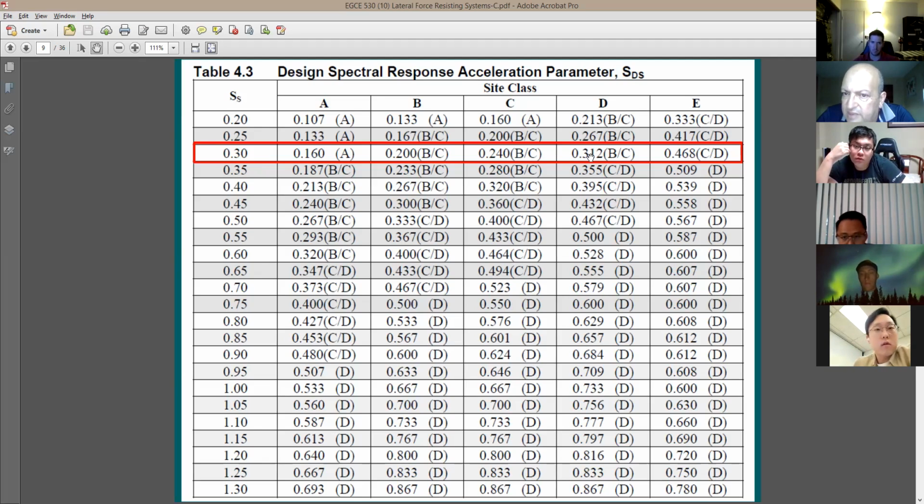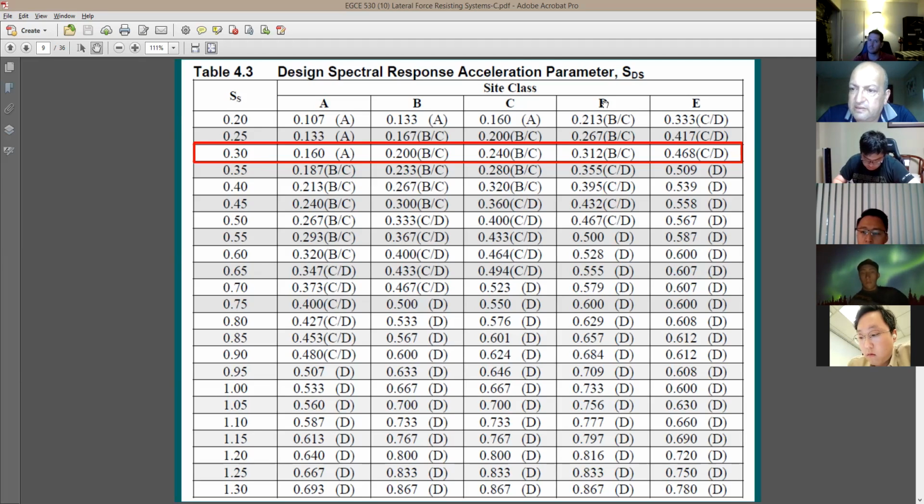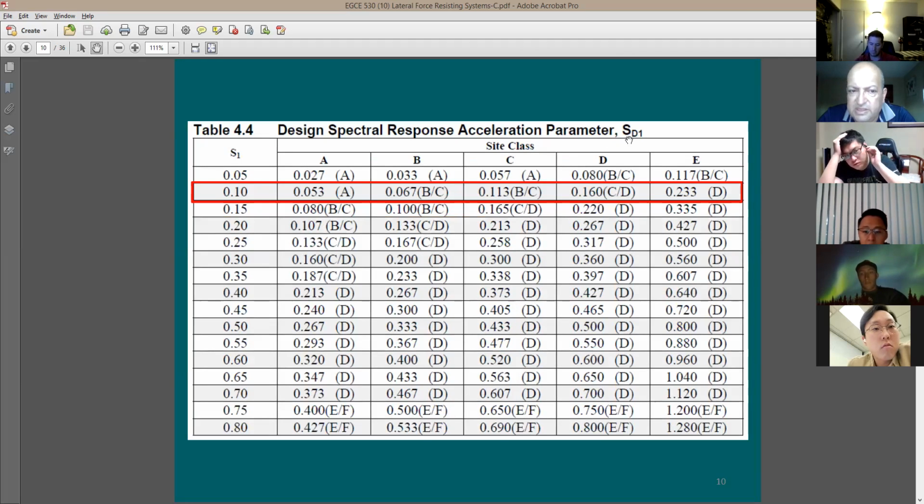So this value here is going to be your SDS, which means this table includes the FA and FV factors, and also includes the 2/3. So once you have the site class, you don't really need to find FA and FV. You can just use this table, and with this table, you're going to find out the SDS. Same thing here, here's the table for the SD1. If your S1, for example, is 0.1, you go here to D, and your SD1 is going to be equal to 0.16.